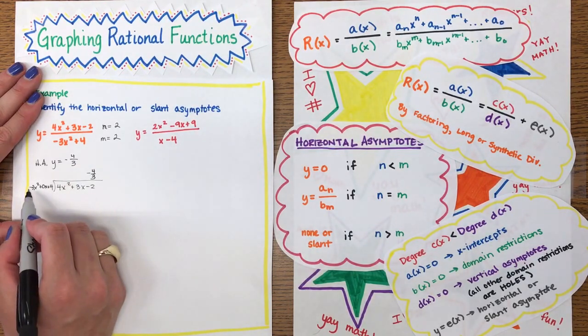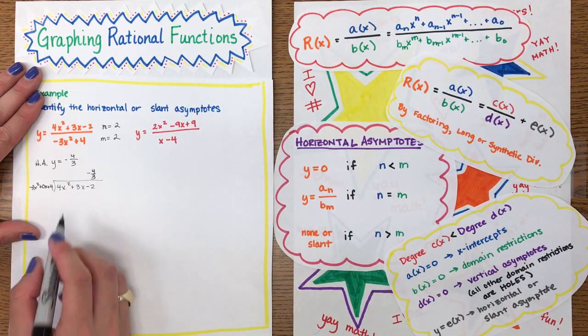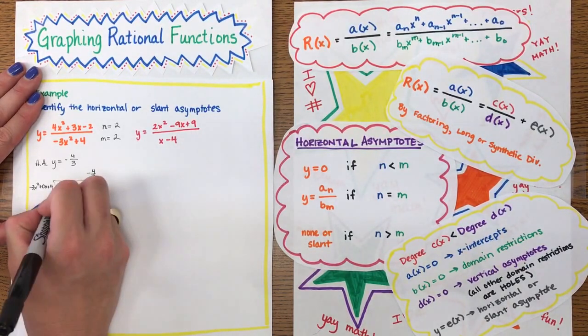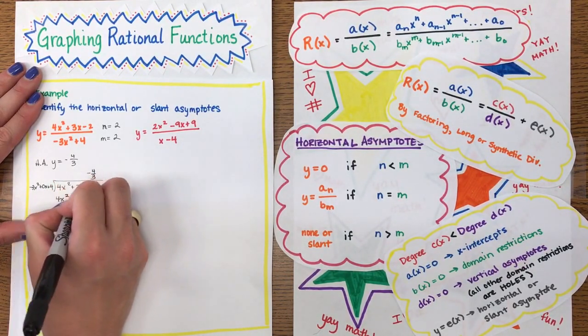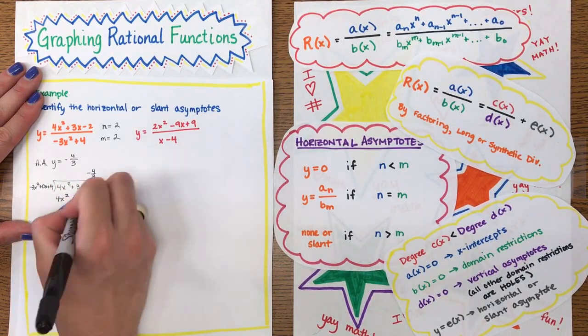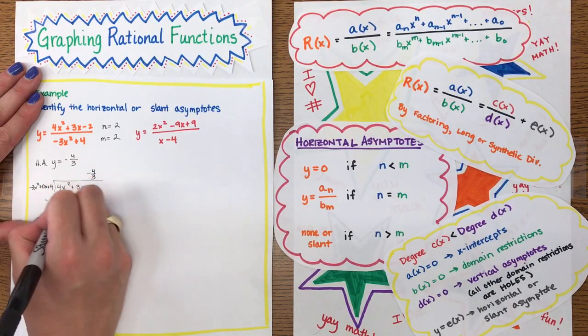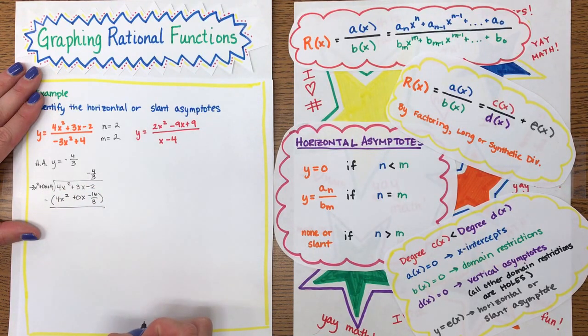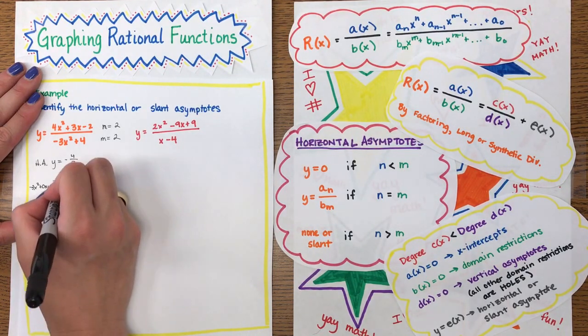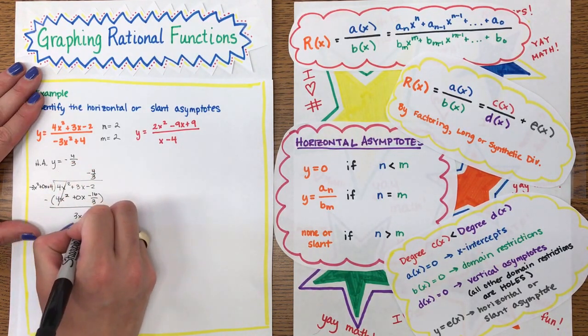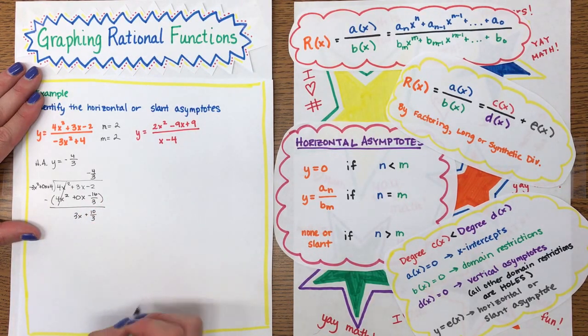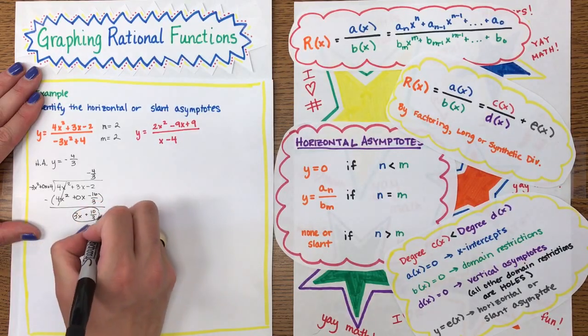So if I multiply this whole expression by negative 4/3, I am going to get 4x squared plus 0x minus 16/3. And if I subtract that, I am going to get 3x plus 10/3. This is my remainder.